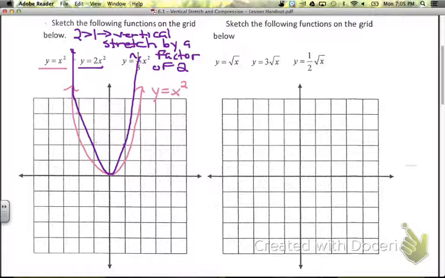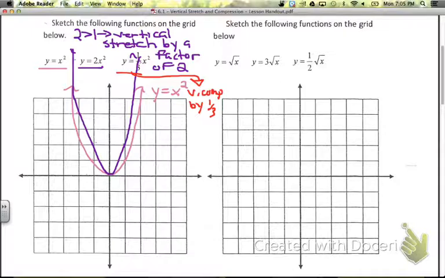Next we're going to graph our other function here, which is y equals one third x squared. Now when we graph this, we're going to do the same thing, but what does that third do? That third is going to create a vertical compression by a third. So instead of multiplying by 2, you're going to multiply each y value by a third.